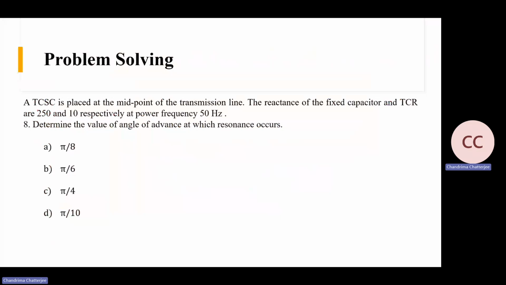The reactance of the fixed capacitor and the TCR are 250 ohm and 10 ohm respectively. This is the reactance of the fixed capacitor and this is the reactance of the TCR at power frequency, that is 50 Hertz. Determine the value of angle of advance at which the resonance occurs.